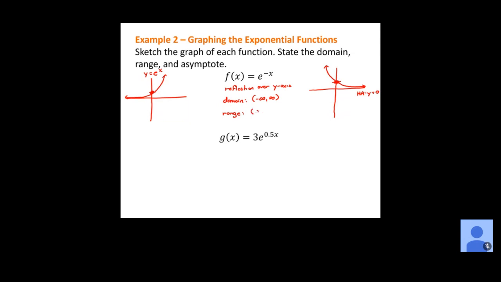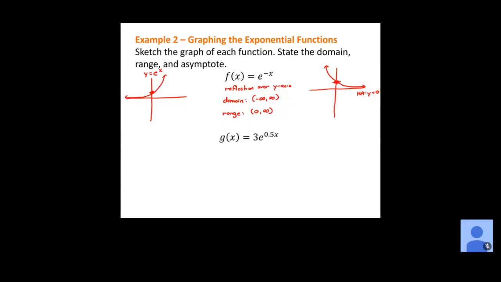Just like e to the x, it's going to be everything greater than 0. So we have that asymptote at 0, and we're looking at everything above. So that's going to be 0 to infinity. Any questions on the graph or the domain and range for that one? Okay, let's look at the next one.